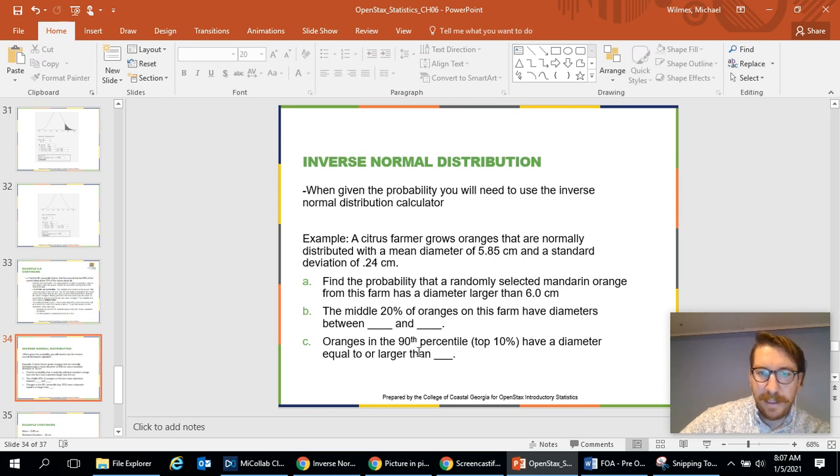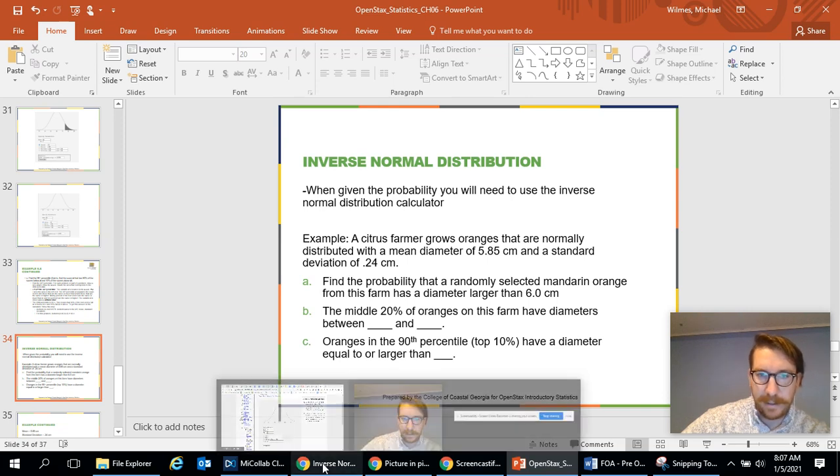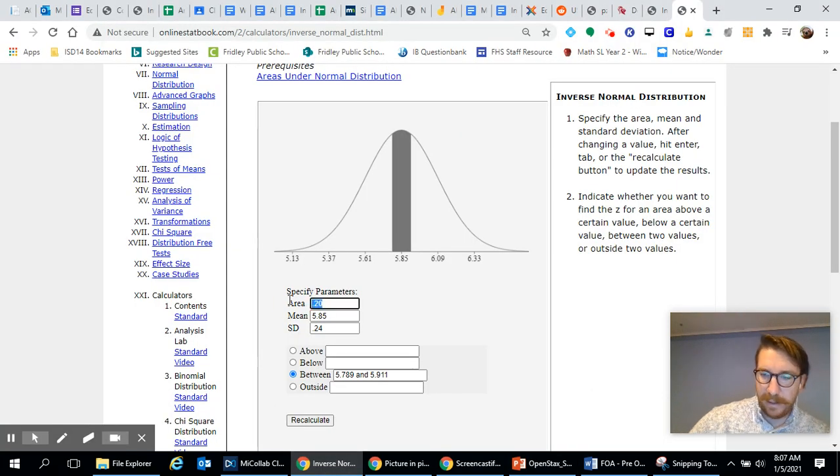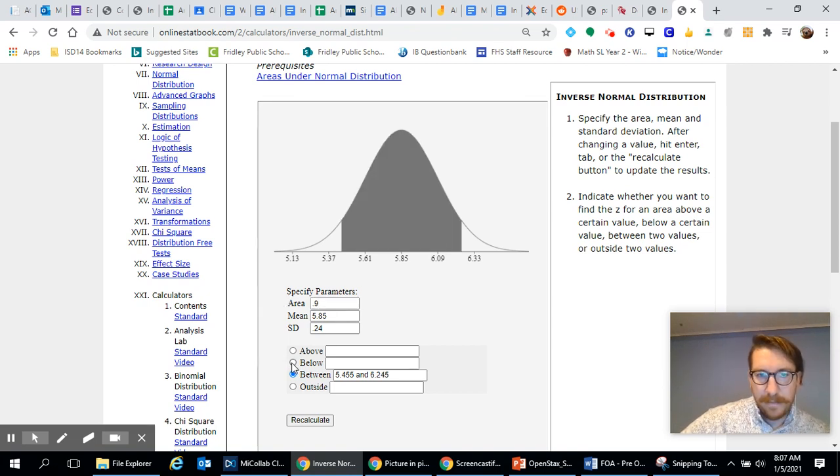Oranges in the 90th percentile, the top 10%, have a diameter equal to or larger than blank. All right. So this one we're looking for the 90th percentile. Here we can see below, that would be 90% are below.